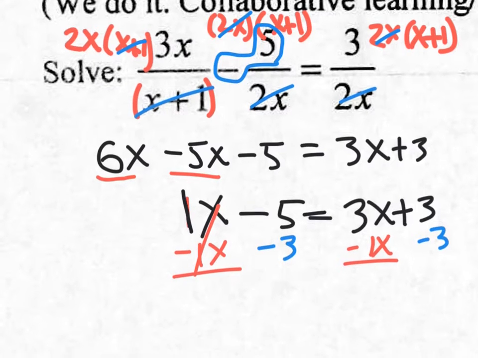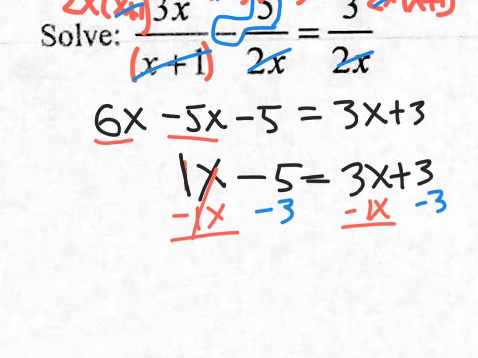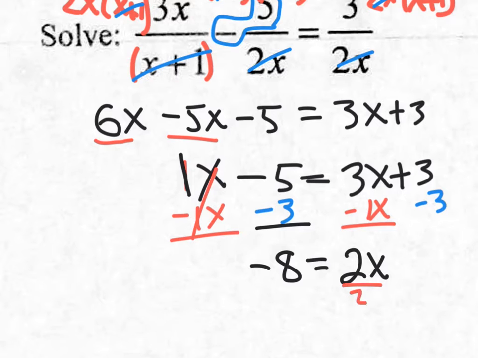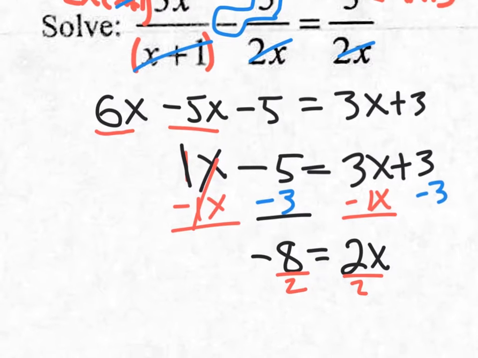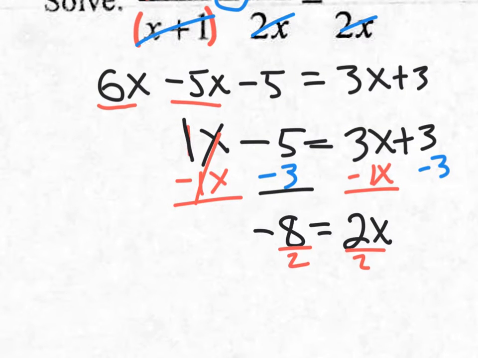So my final simplified equation will be negative 8, because negative 5 take away 3 is negative 8, equals 2x, which of course means that if I divide by 2 on both sides, I end up with my final answer, which is x equals negative 4.